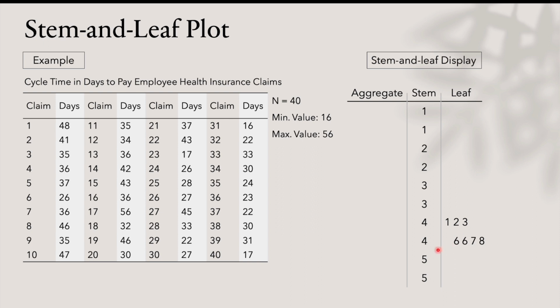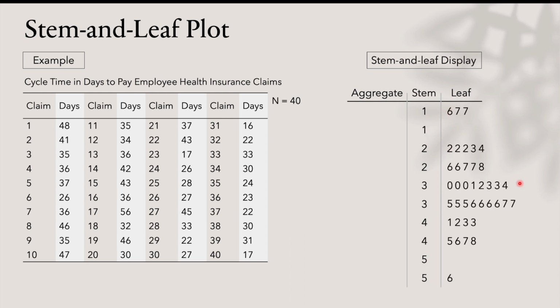And similarly we will go through all of the data with stem 4, and we will write all of them here. So by doing this, we have completed the leaves for stem number 4. You can go through the whole data set, all of this table one by one, and write leaves in front of the stems, and you will get this once the table is completed.